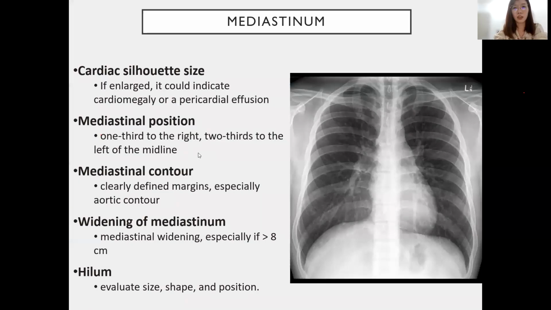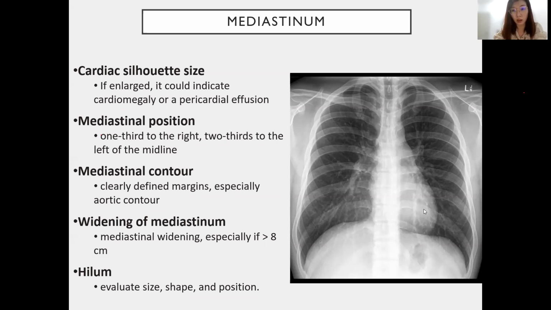For the mediastinum, we need to calculate the cardiothoracic ratio. We take the lateral right heart border and the left heart border, and then compare with the chest. This is the chest view, right? The widest diameter is not at the level of the heart, but at the widest diameter of the chest wall. Lower a bit, find the widest one, and then you measure. That's the CTR. The mediastinal position is 1/3 to the right and 2/3 to the left of the midline.